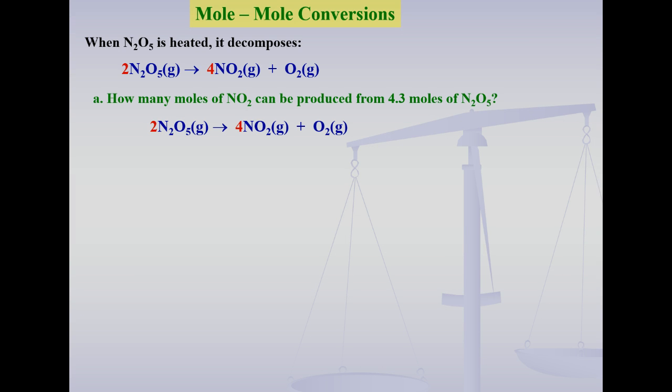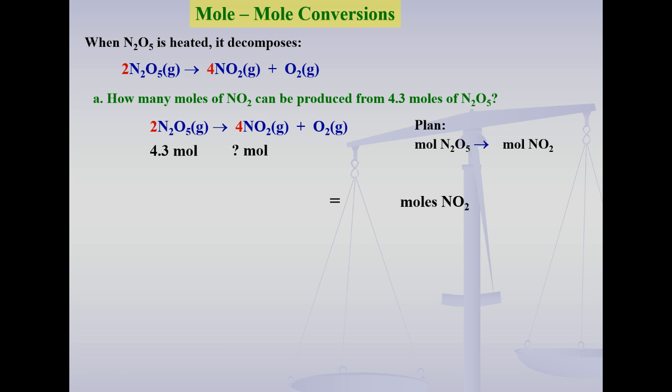Our given, we're just going to write underneath the substance in the balanced equation: 4.3 moles of dinitrogen pentaoxide. Our unknown is the moles of nitrogen dioxide. Our plan: we want to go from moles of dinitrogen pentaoxide to moles of nitrogen dioxide. Again, it's just a one-step mole to mole ratio.